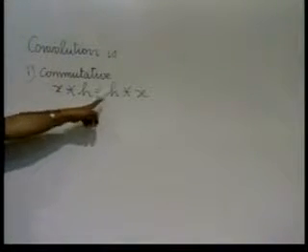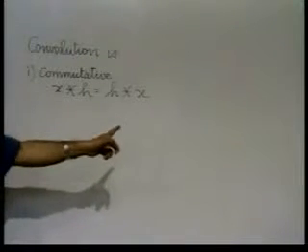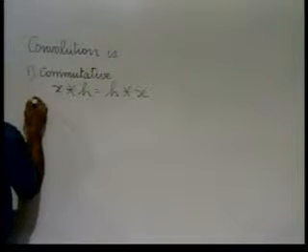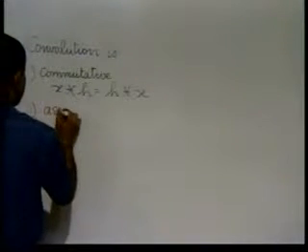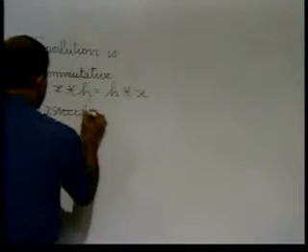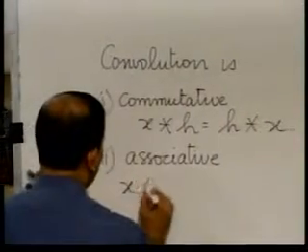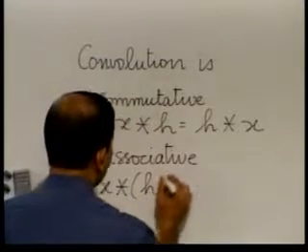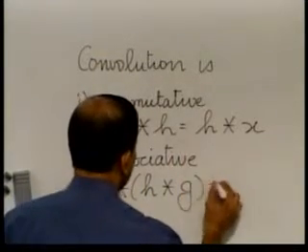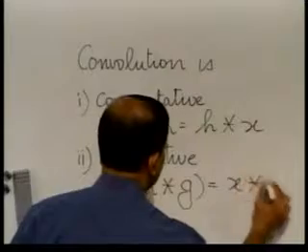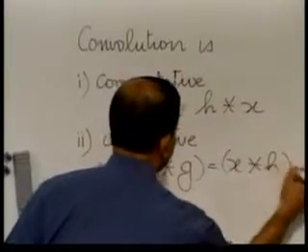I must of course emphasize that x and h are both signals here. Associative. Namely, x convolved with h convolved with g is the same as x convolved with h and then convolved with g.